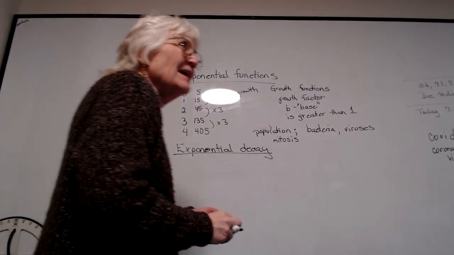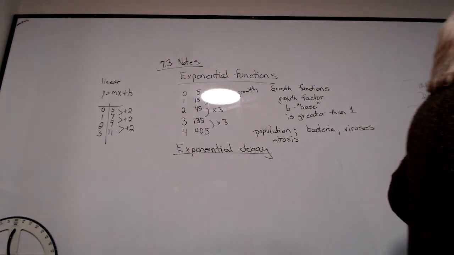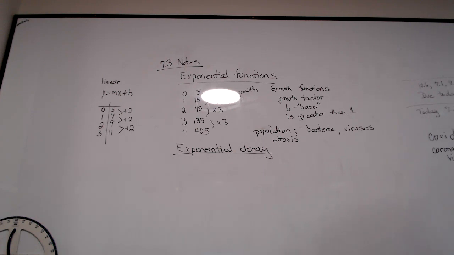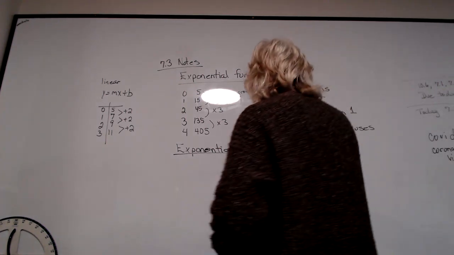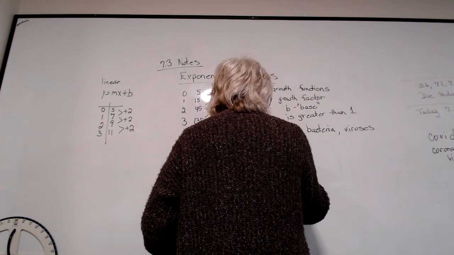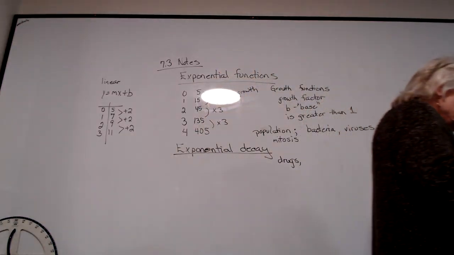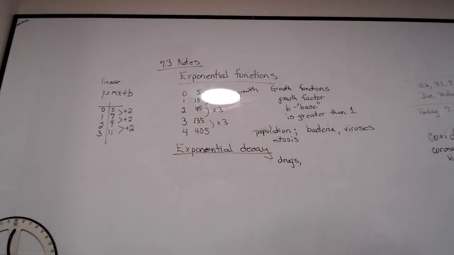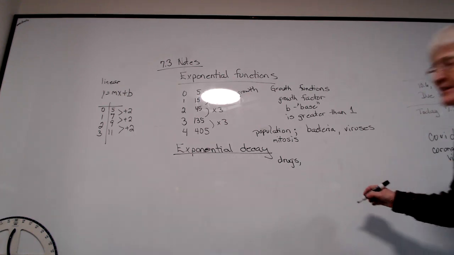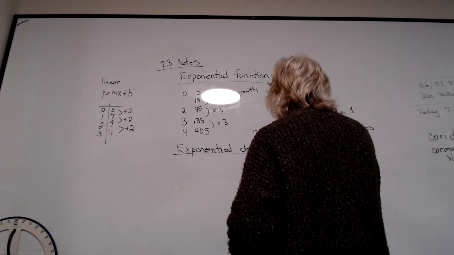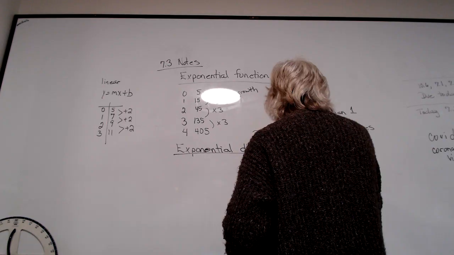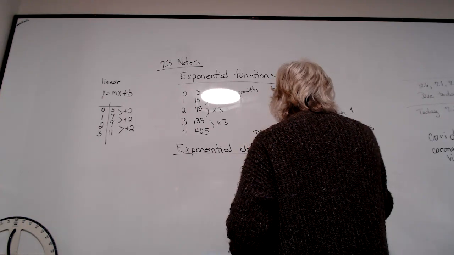Okay, exponential decay. This is where things are decaying as you go through. This is where we talk about drugs. This is where we talk about how much carbon 12 or 14 or whatever carbon they check for dating. So when we do carbon dating. Or depreciation.